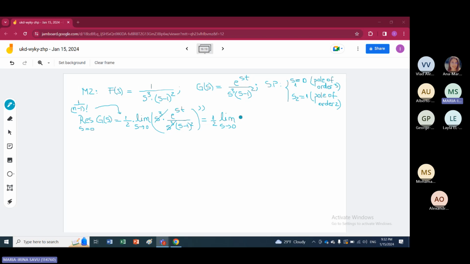Let's see the first derivative. It is the derivative of this one, which is t e at st times (s minus 1) squared, minus this one times the derivative of this function, over this one squared. And again, we must take the derivative. We have 1 over 2, when s goes to 0. Let's make a simplification here.